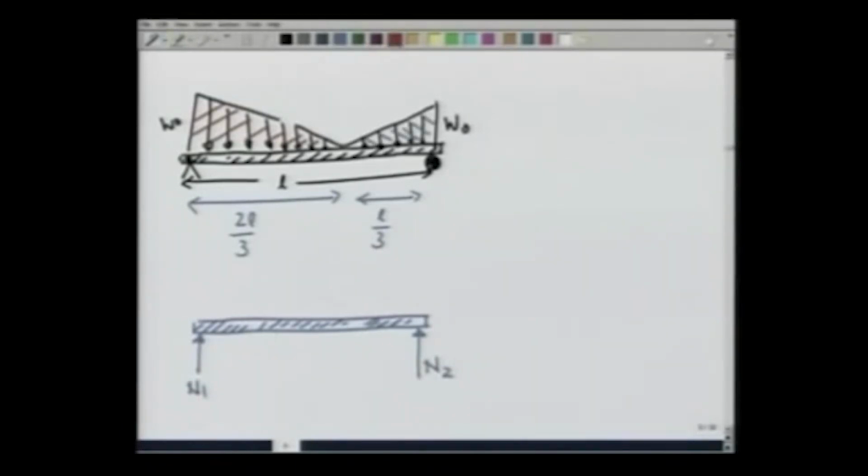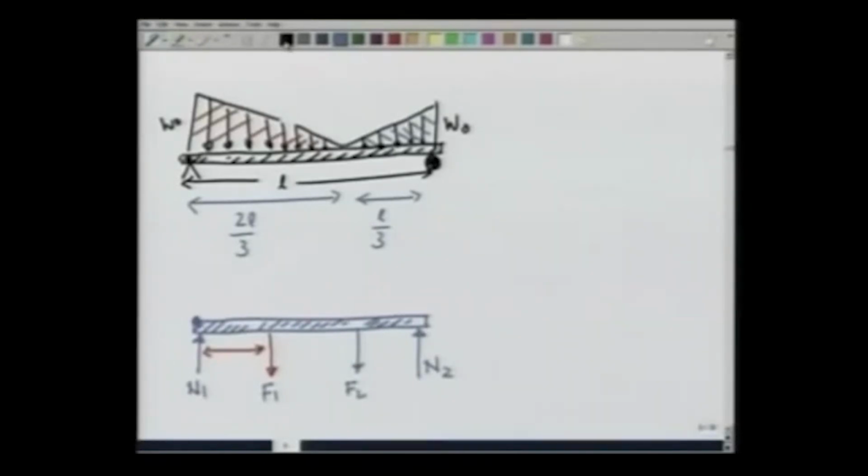The triangle on the left acts like this at a distance which we are to calculate, and similarly the triangle to the right also applies a load. Let us call these F1 and F2.